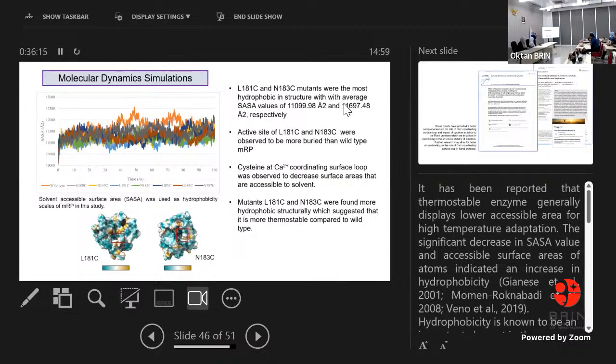We can see that they stabilized the protein as well, by looking at the active site becomes more buried in the enzymes, and it maintains the structure and holds the folding of the enzymes. Okay, so the next one.